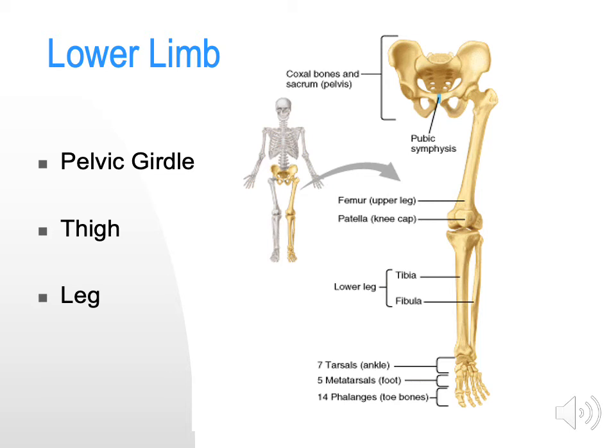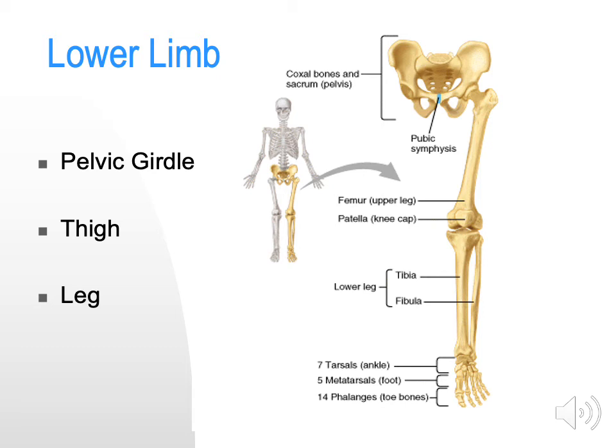The ilium forms the largest aspect of the pelvis, and it's what we commonly think of as our hip bone. The 2 pubic bones join together at the front, and the ischium forms the posterior aspects of the pelvis as well.